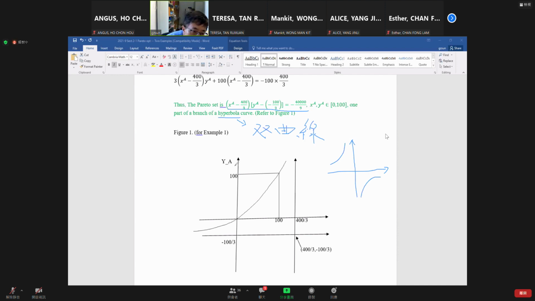So this is the framework we have. This is x, this is y, and we have 100x, we have 100y. So basically we focus on this box.